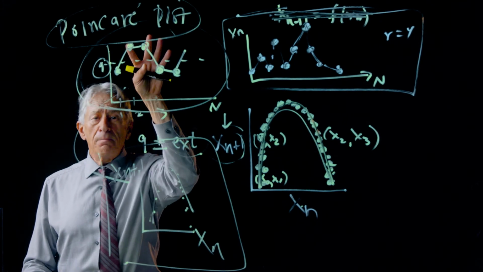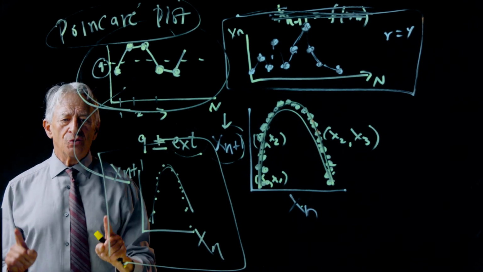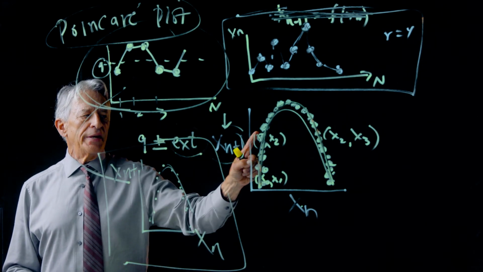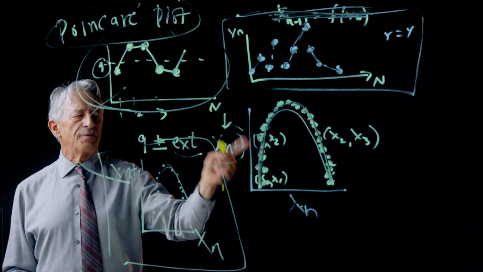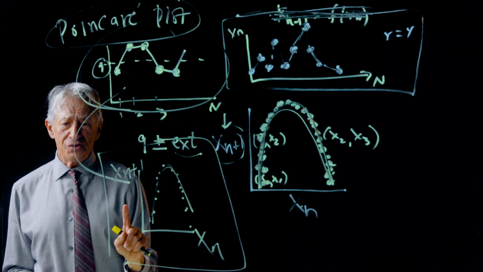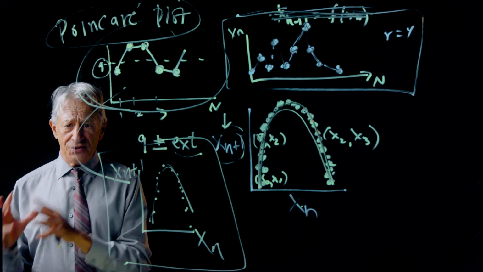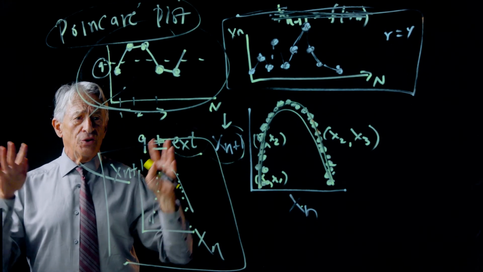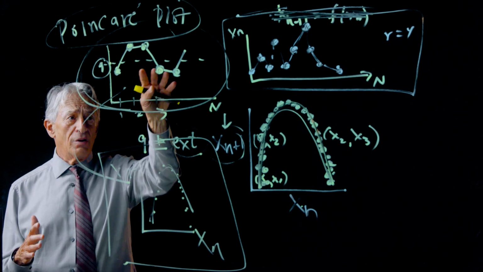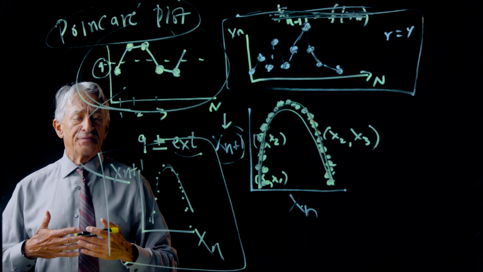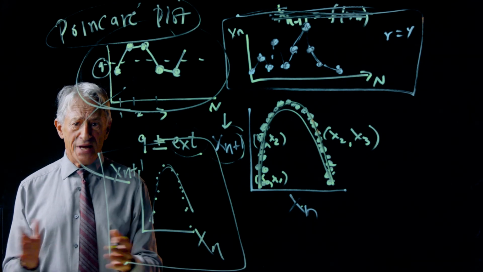And the Poincaré plot is your diagnostic tool to discriminate chaos from determinism. Discriminate chaos from noise. Chaos is determinism. To distinguish between chaos and external noise as your cause of variability in your observed phenomenon in the natural world.